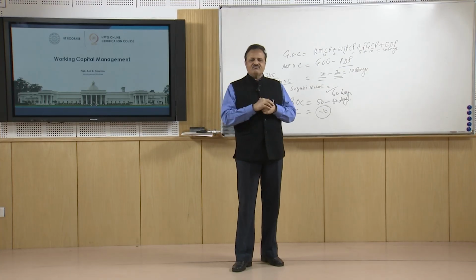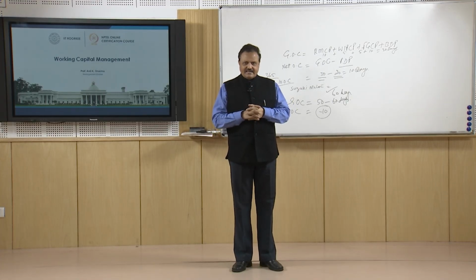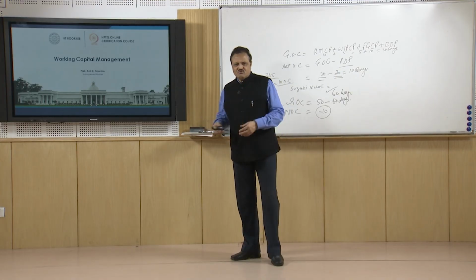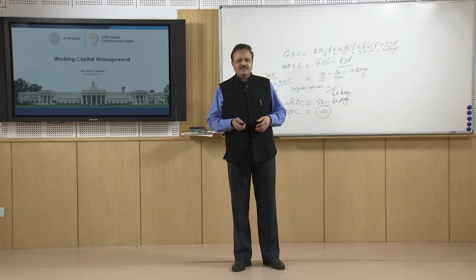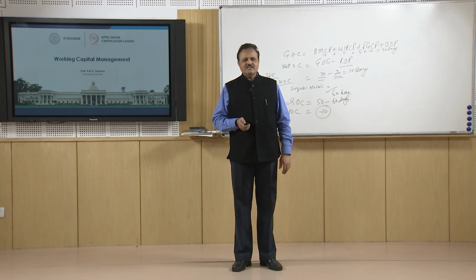So, these are some ways and means by which we can shorten the duration of the operating cycle, and if we take care of all these factors, that time period will ultimately be in our hands and can be shortened.